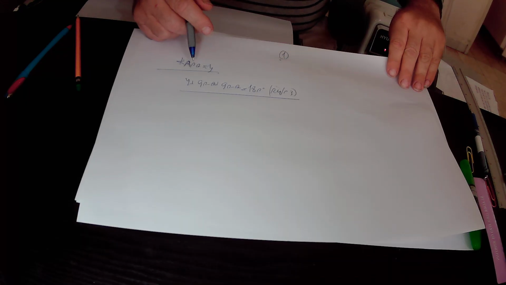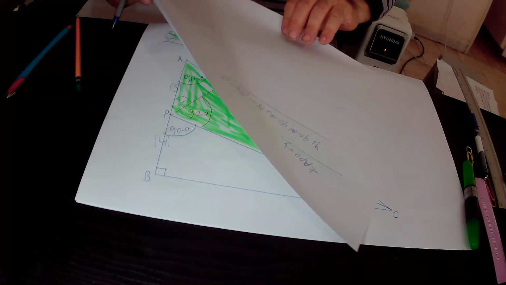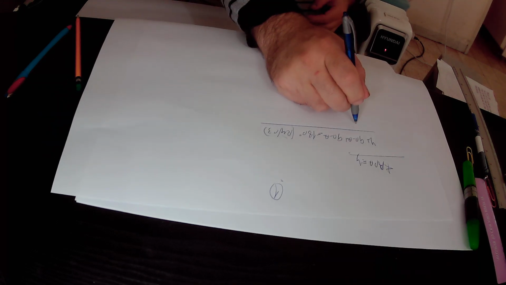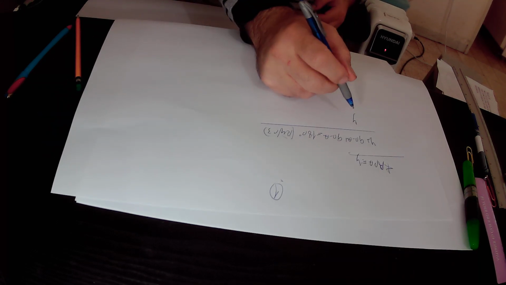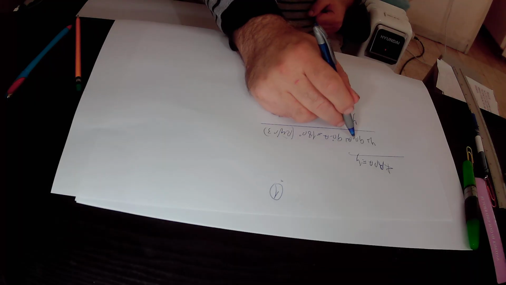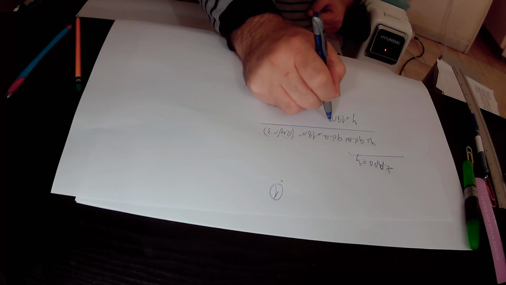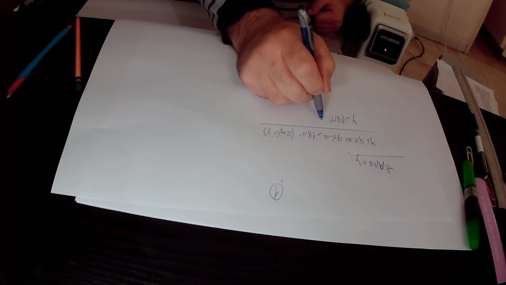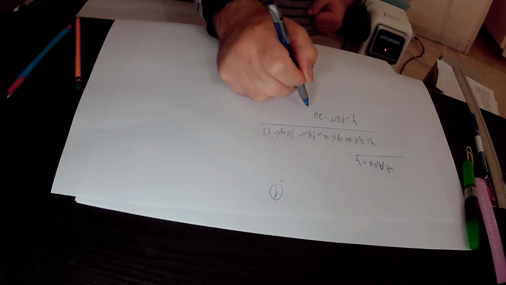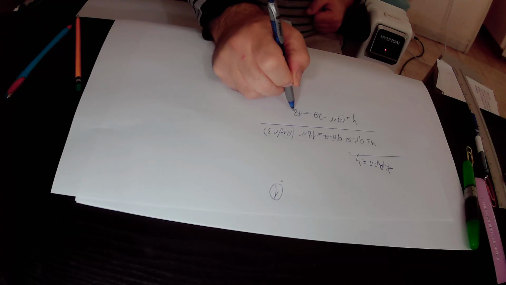So on this side of the equation we have Y. 90 degrees plus 90 degrees is 180 degrees, so it is plus 180 degrees. Minus theta minus theta is minus 2 theta, which must be equal to 180 degrees according to rule 3.